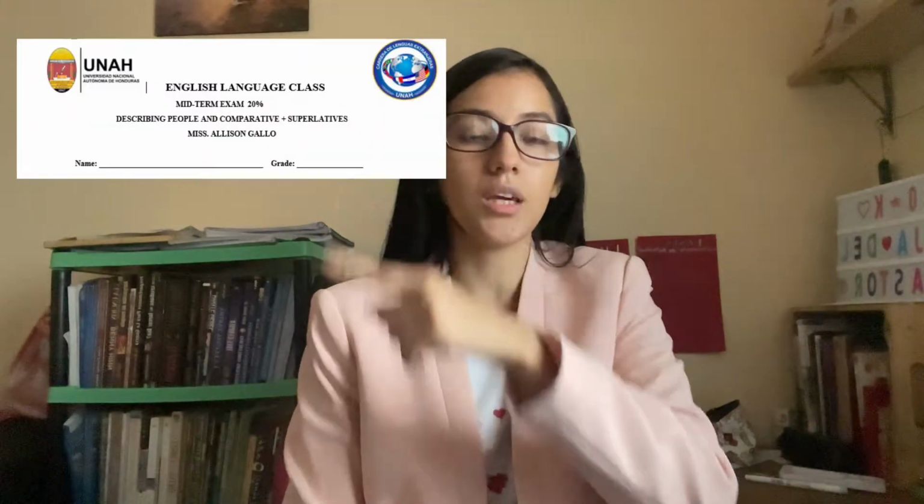So to begin, let's start with the written part of the traditional exam. I'm going to put here some images in order to illustrate what I'm saying. In the written part, the 5% says read the following text and highlight with color red comparatives, color blue superlatives, and color green adjectives of describing people. Here is a short paragraph, and the students are going to bring on the day of the exam these 3 colors.